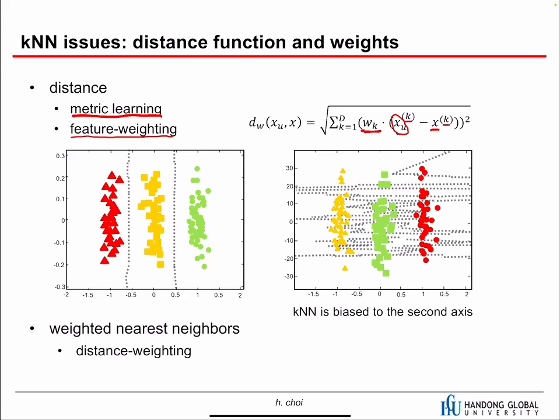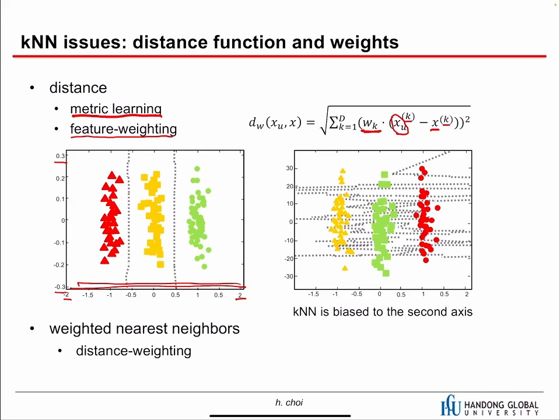So look at this figure. For your information, this horizontal axis goes from -2 to 2, and the vertical axis goes from -0.3 to 0.3. In that case, if we use simple Euclidean distance, then kNN works perfectly, because the horizontal one is the dominant axis when we calculate the distance.